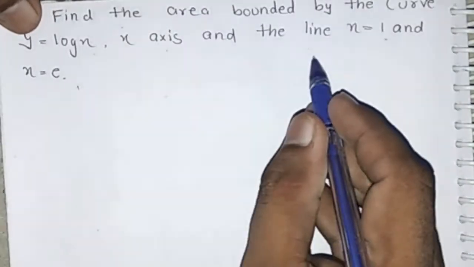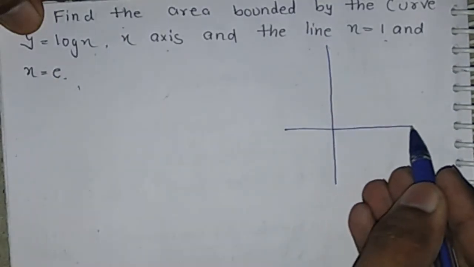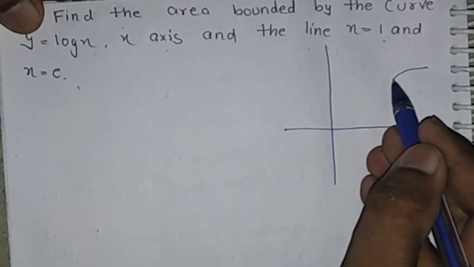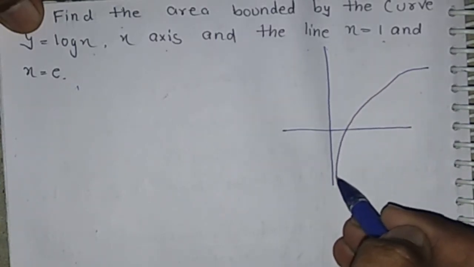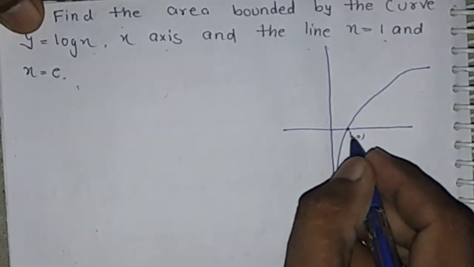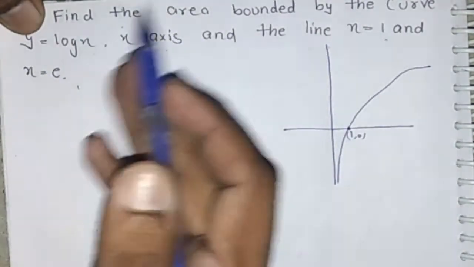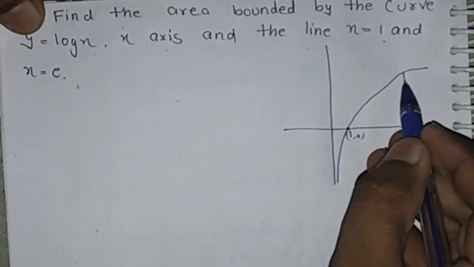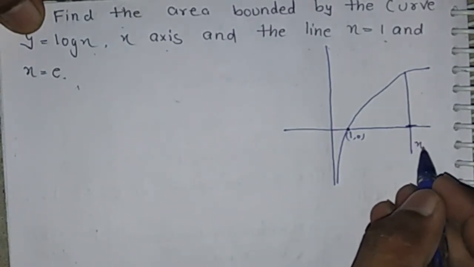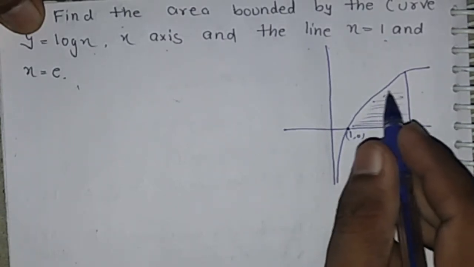We know that the graph of log x is in this form, which means it is 0 at x equal 1, and we have to find the area between x equal 1 and x equal e, the value of e. We have to find this area.